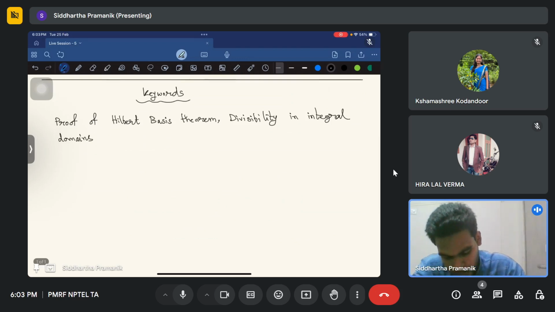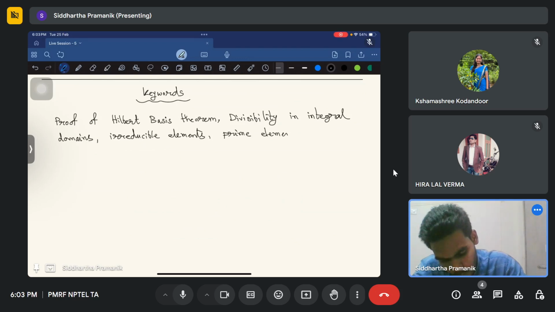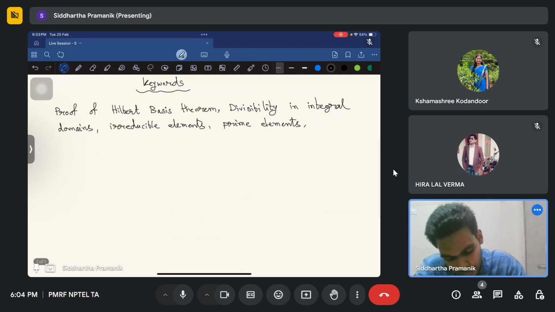For that, we introduced irreducible elements, also prime elements, and after that we saw some properties of PIDs.